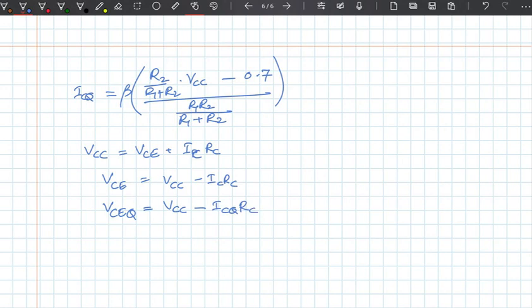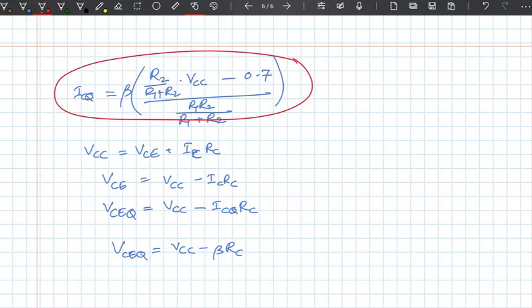We know this value also, so you can write VCEQ is equal to VCC minus beta times RC times IBQ, which is the expression here.